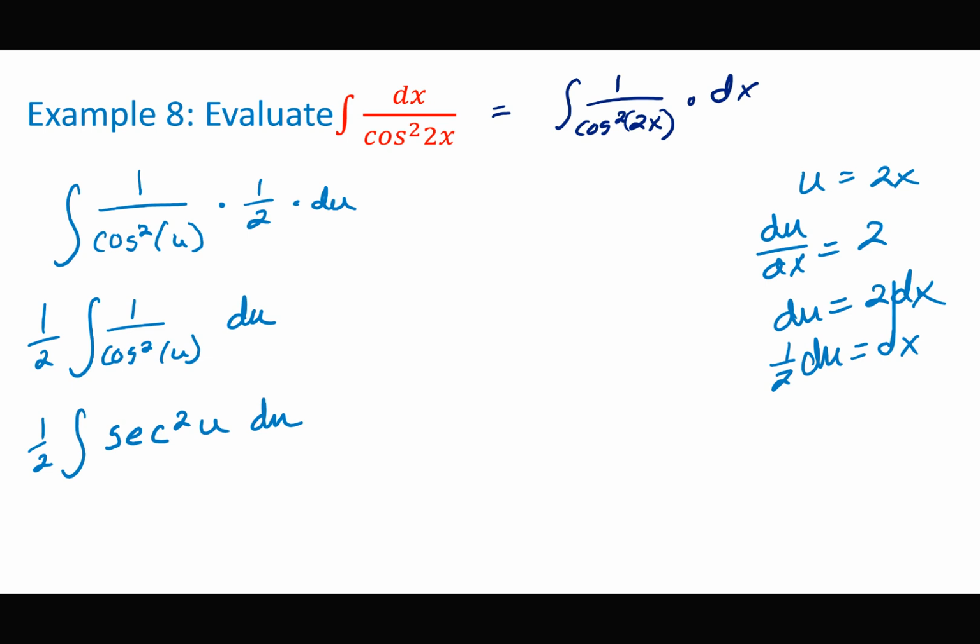Not any derivative rules, this is trig properties. Does anyone remember the antiderivative of secant squared of u, or what can I take the derivative of to get secant squared? Tangent of u. So this one's not so bad. The antiderivative of this ends up just being tangent of u. Now I want to do it in parentheses.